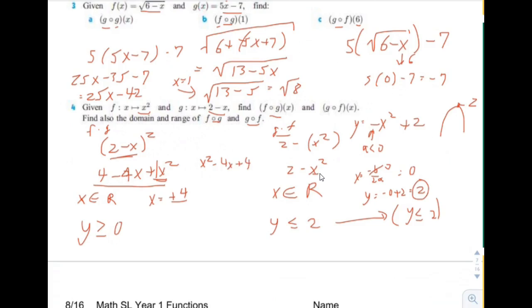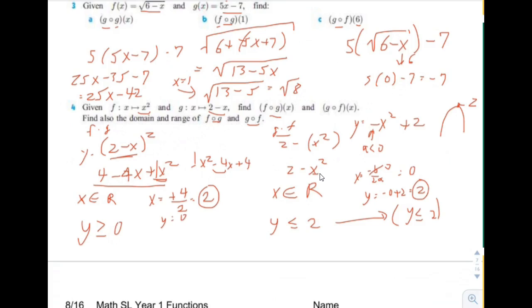So the b term would be negative 4, and the a term would be 1 here. We have a hidden 1. So it would be divided by 2a, 2. So our x term for the vertex is 2. If we plug it into the equation, we find out that the y term is equal to 0. So the vertex is 2 comma 0.